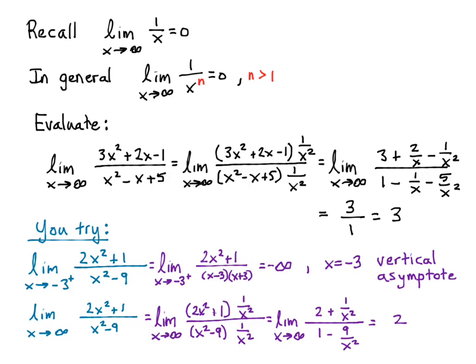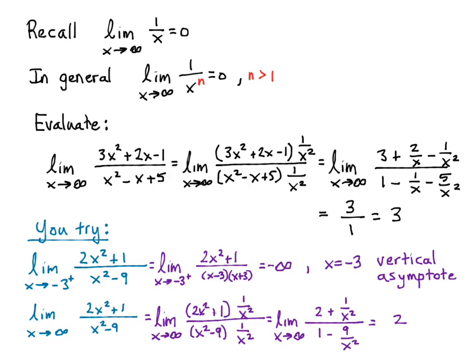Do you have to factor this time, or no? You just multiply on through, and so we get 2 + 1/x² over 1 minus 9/x², and so the 1/x² goes to 0, and the 9/x² goes to 0, so we're left with 2/1, which is just 2.